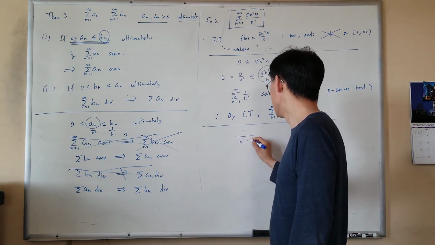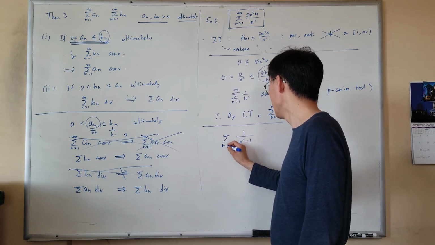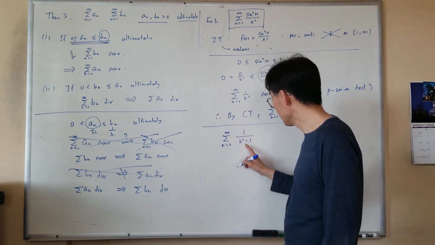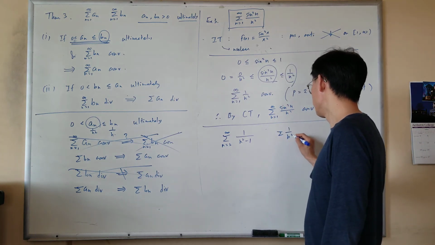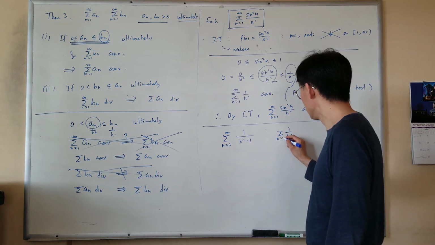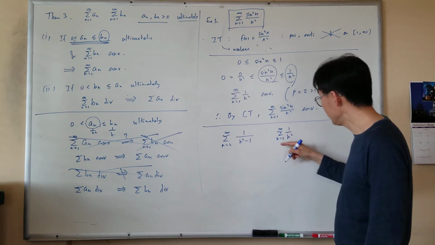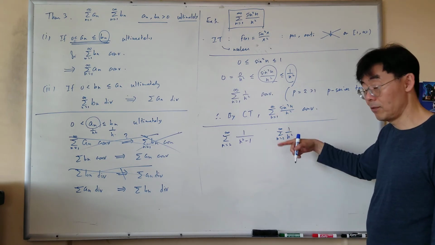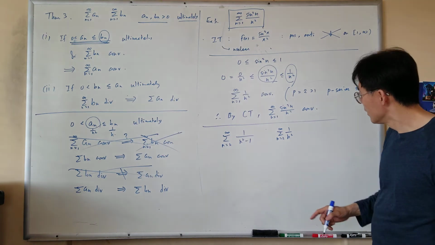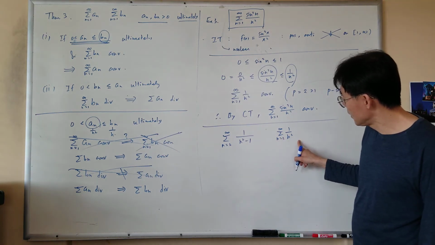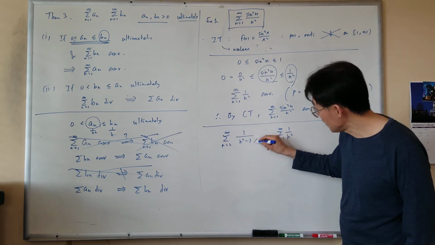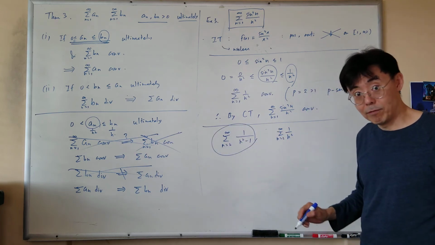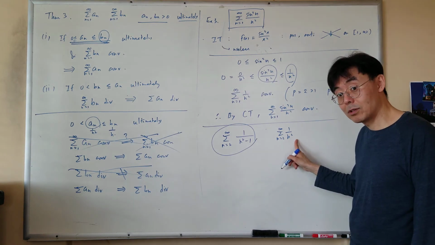Let's say you have this, starting from 2 to infinity, because when n equals 1, you get 0. Compare this. 1 to infinity was convergent, therefore 2 to infinity is definitely convergent. This behaves almost the same way. And this one converges. So it is very tempting to say that this is also convergent.